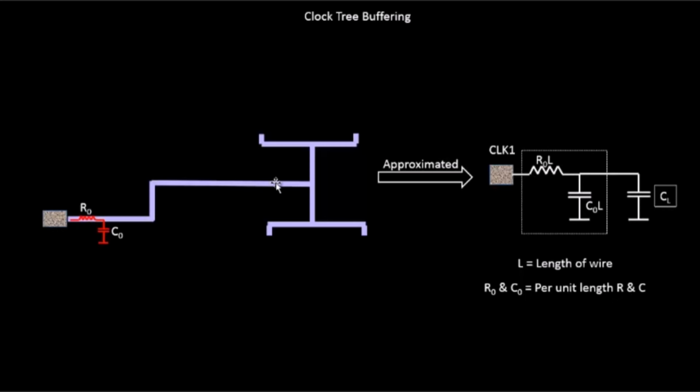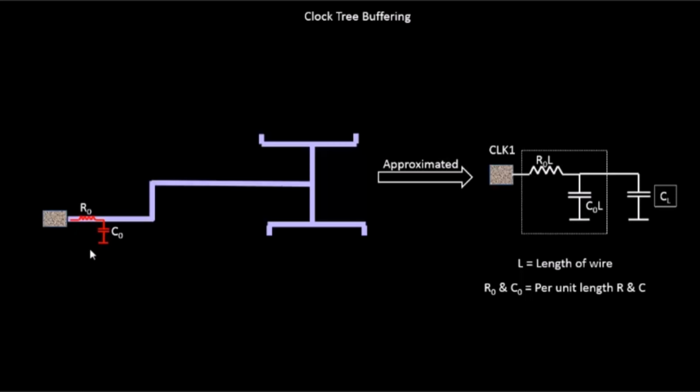For example, for this complete length, this is 1 unit of length. The resistance and capacitance for 1 unit of length will be denoted by R0 and C0. So basically R0 into L will be the resistance of the complete wire. C0 into L will be the capacitance of the complete wire. It's as simple as that.